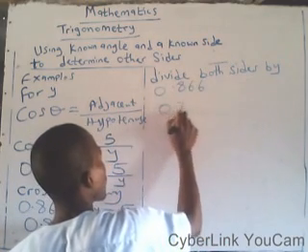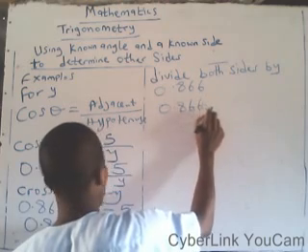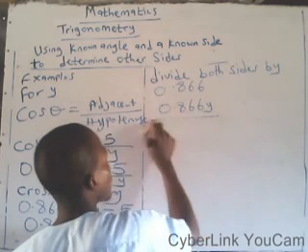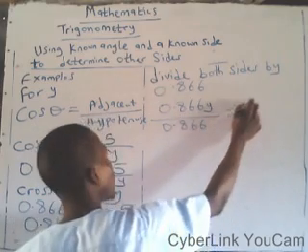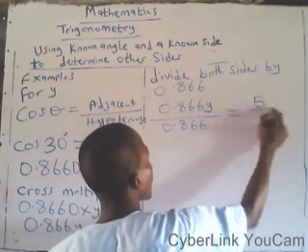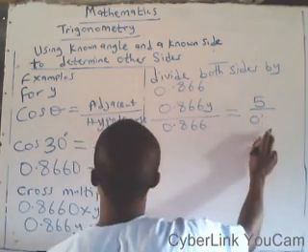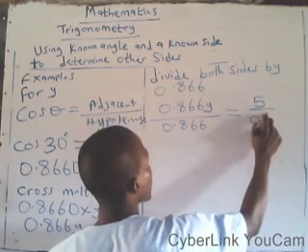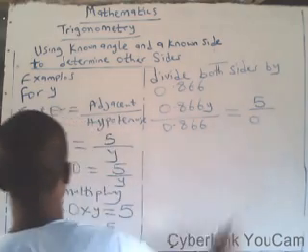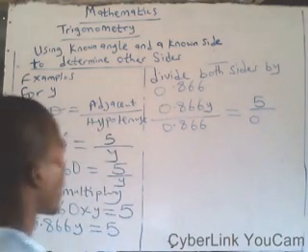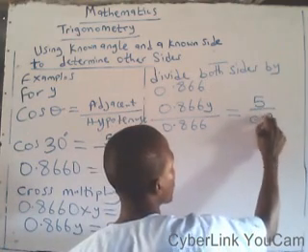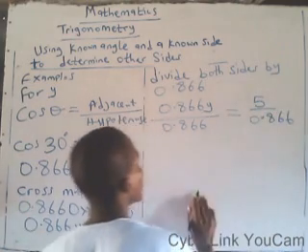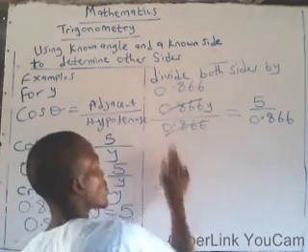Then we have 0.866y over 0.866 is equal to 5 over 0.866. Here, this one we cancel.